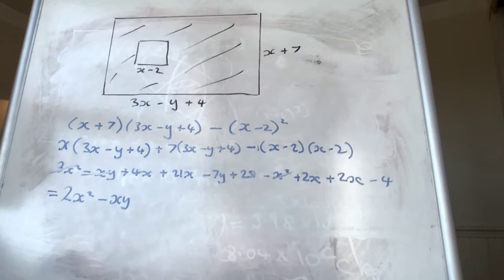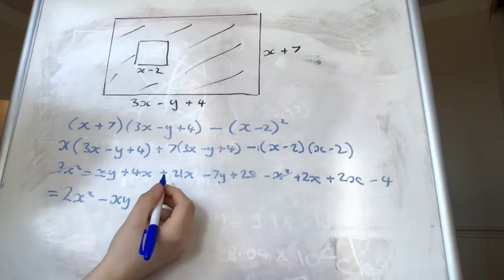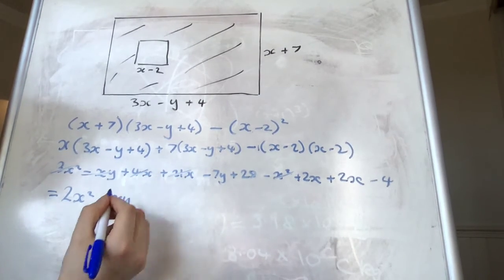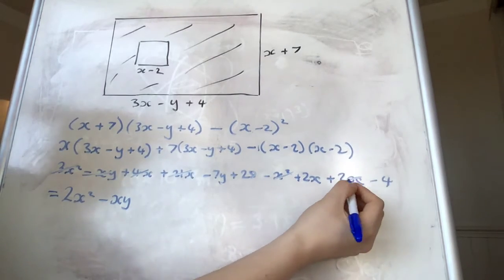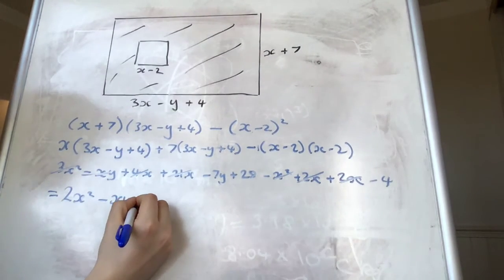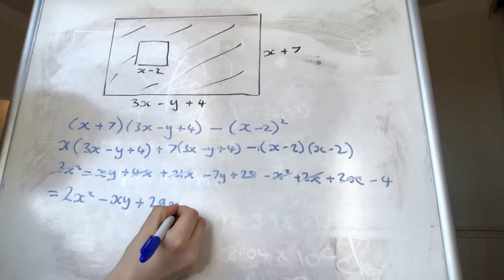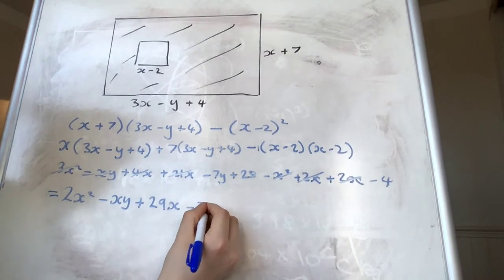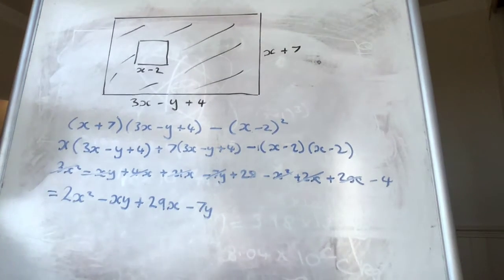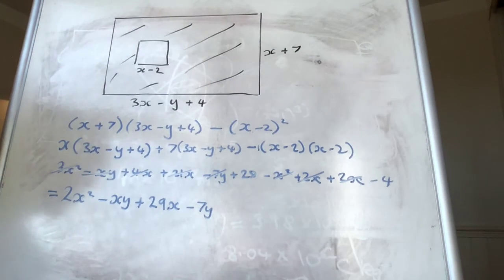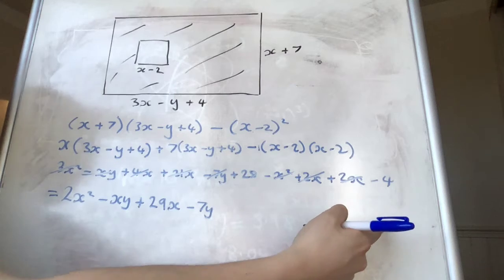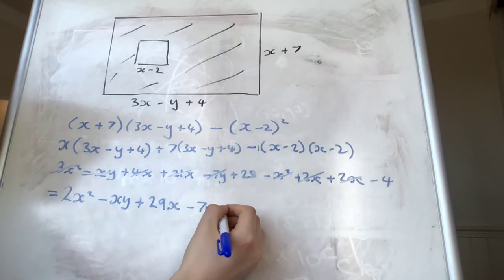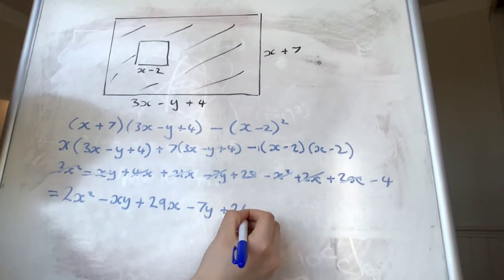Then we want to find the x's, so we've got 4x plus 21x plus 2x plus 2x, which gives us plus 29x. Then we've got just one negative 7y, and then we just have to count up the final few numbers, which is 28 minus 4, which gives us 24.